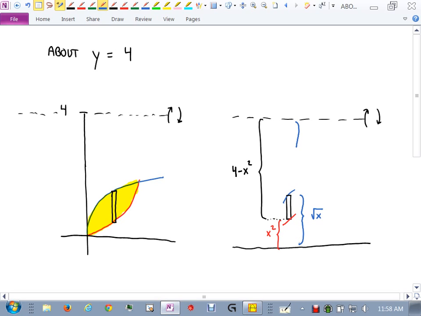I'll do it in blue. Are there any questions on that? So the volume will be pi times the integral from 0 to 1 of the outer radius squared, 4 minus x squared, squared, minus the inner one squared.